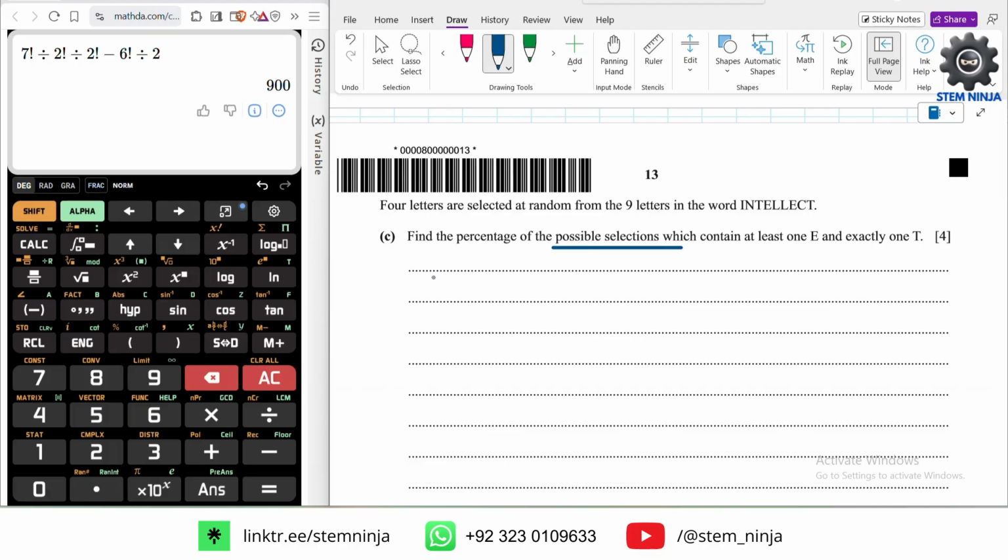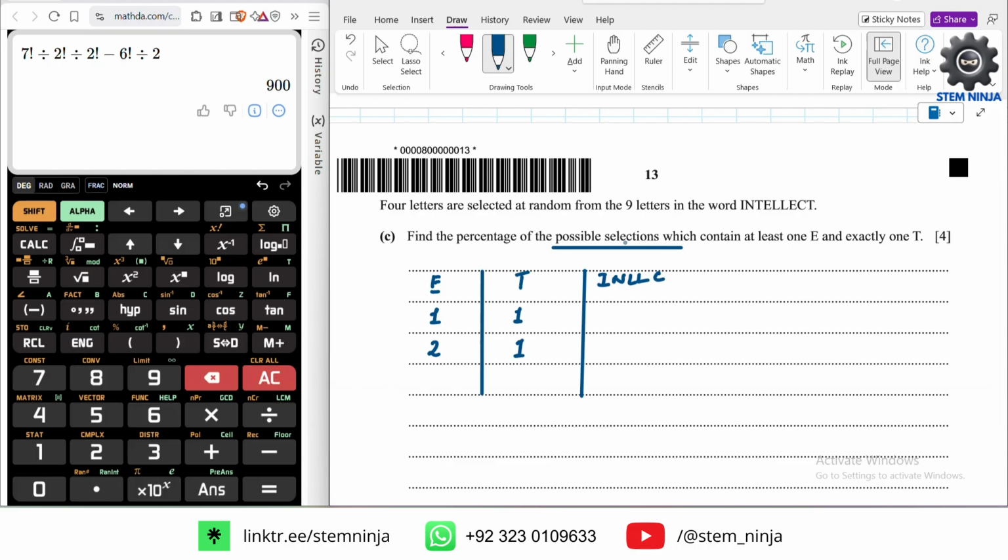So at least one E, so that means E's, and for T, exactly one T. And the others also, obviously, like non-T. So you will have I, N, L, L, C, 5, right? So at least one E means that you have either one E or two E's, and T's are exactly 1.